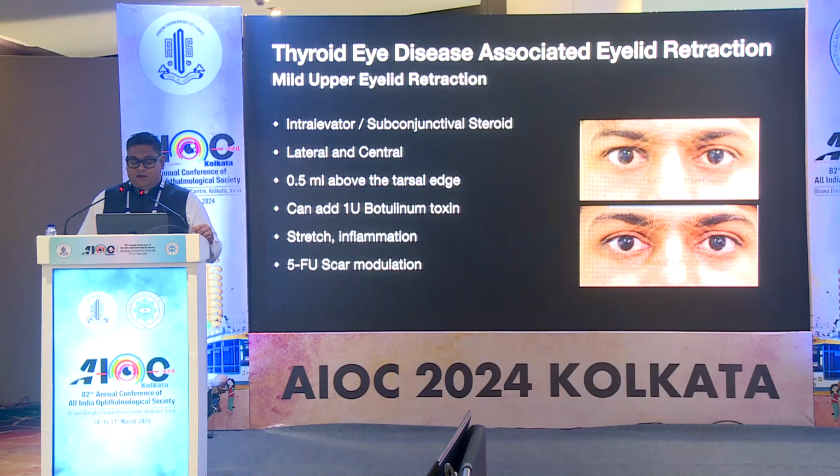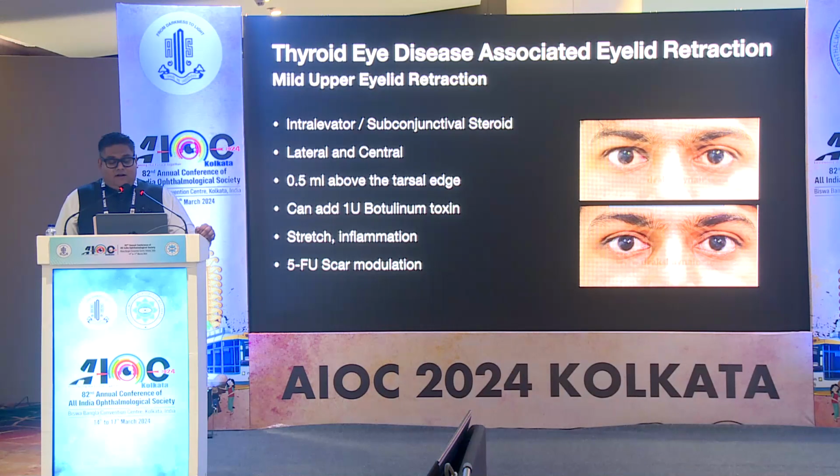So now in upper eyelid mild thyroid related retraction, I like to give an intralevator or subconjunctival steroid injection, which is mainly given at 2 points. 0.5 ml is injected in 2 aliquots at the mid-pupillary line and lateral to address the lateral flare if there is any. You place in a Desmarres retractor and flip the upper eyelid.